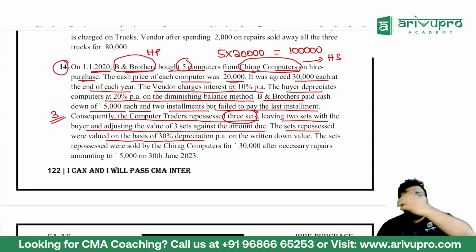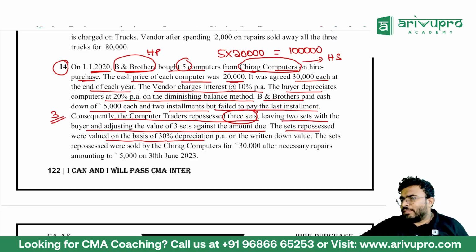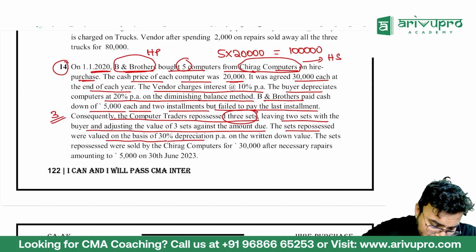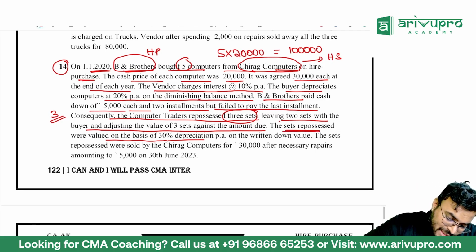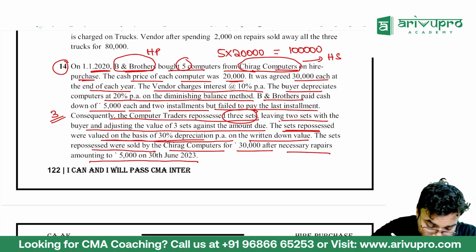He told, I don't agree with your 20% depreciation rate, the assets were depreciated more, so I take it at 30% depreciation, on WDV. The sets repossessed were sold by Chirag Computers for 30,000 after necessary repairs amounting to 5,000 on 30th June.